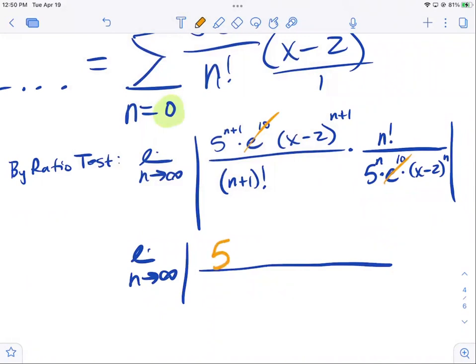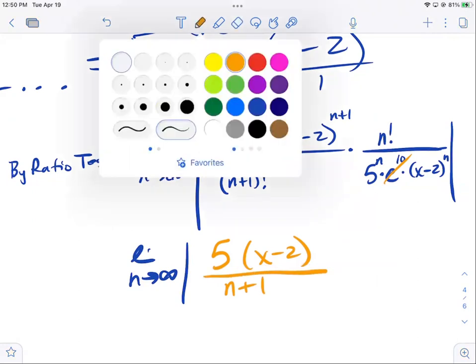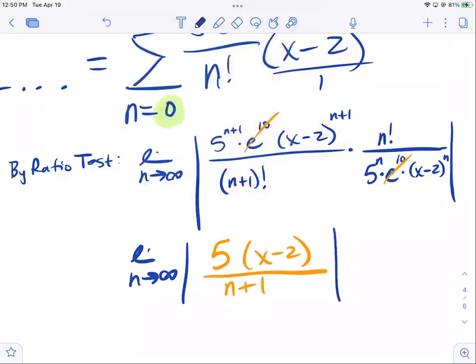And I have one more 5 in the top. I have one more x minus 2 in the top. And then in the bottom, n plus 1 factorial is n plus 1 times n factorial. So that's n plus 1. So if you can simplify it without having to take that extra line, that's fine. You take as many steps as you need to.